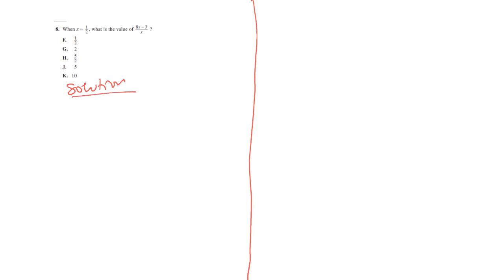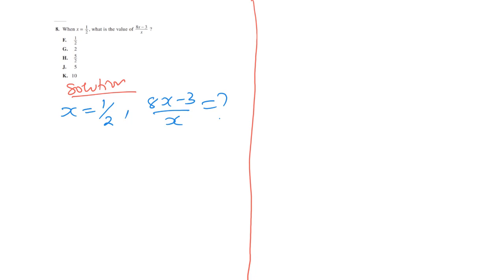You have x equal to 1 over 2, and they want the value of 8x minus 3 over x. So the idea is to substitute x in the expression. Here they are testing whether you are stable when it comes to substitution and manipulating fractions. So let's go ahead and substitute.